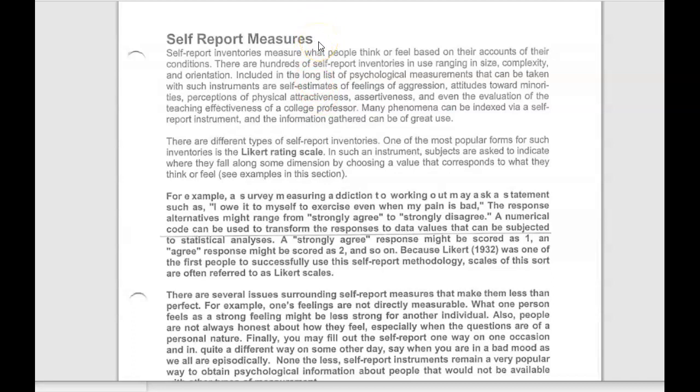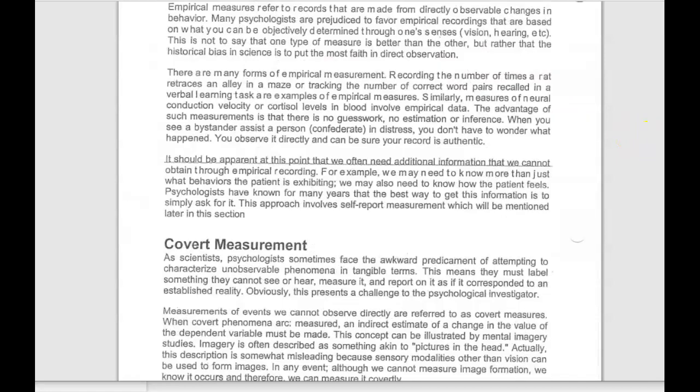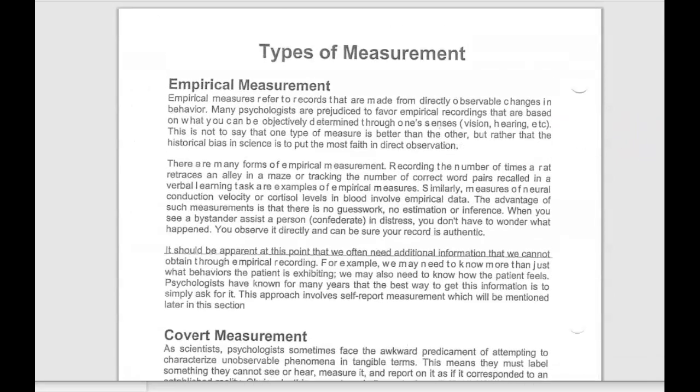But still, you're not trying to uncover what really exists, nor are you trying to measure what you can see or hear. You're asking somebody to self-report, to describe their own symptoms, their own beliefs, their own thoughts, or their own feelings. Self-report.